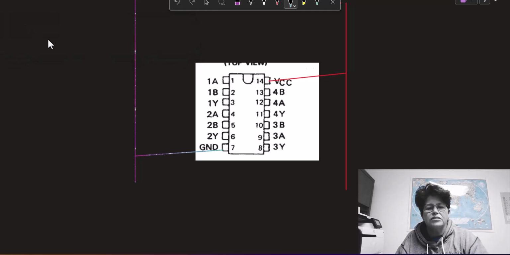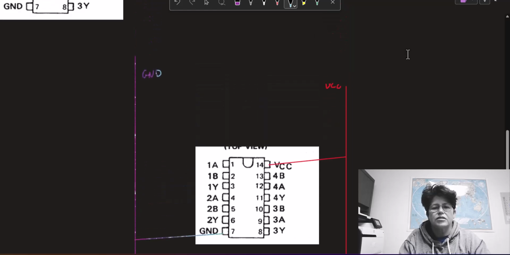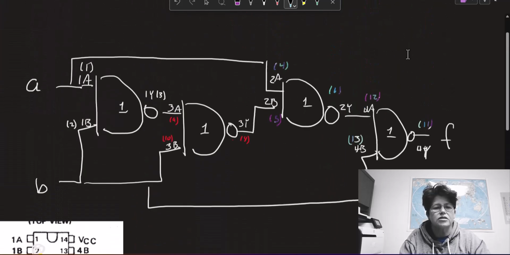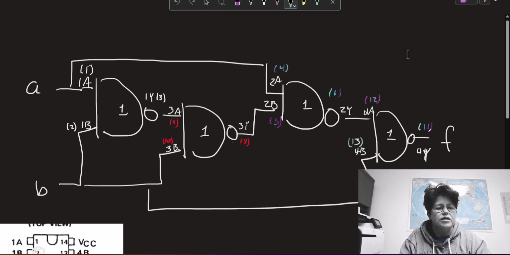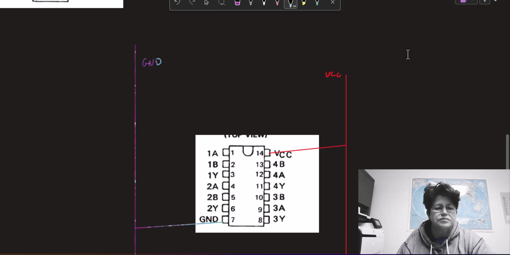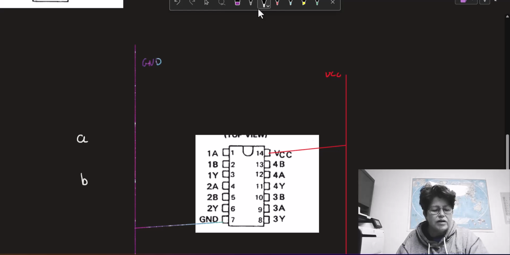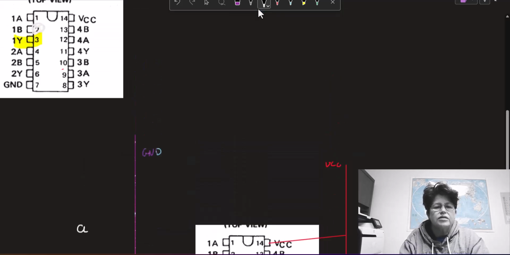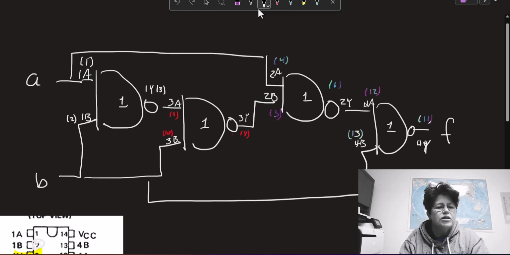And then, based on the circuit that I drew up here, I have A and B. A and B are going into 1A.